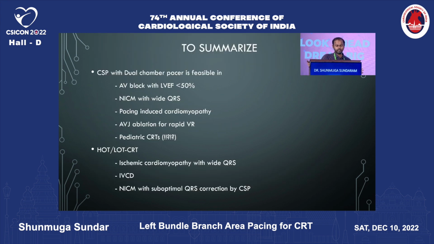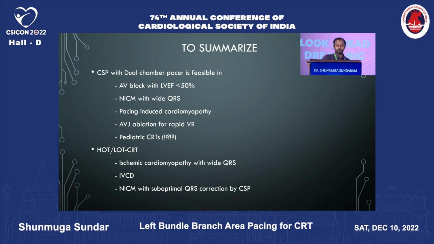So it's our strategy. We'll go for conduction system pacing with the dual chamber pacer, if feasible, in patients with AV block and LVEF less than 50%, the pacing-induced heart failure group. Non-ischemic cardiomyopathy with a wide QRS, provided there is limited scar. Pacing-induced cardiomyopathy, where you can still use the same pulse generator. AVJ ablation, you just have to perform the AVJ ablation and put the lead, or put the lead and perform the AVJ ablation.